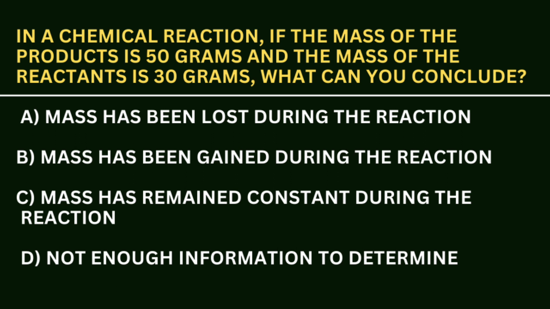In a chemical reaction, if the mass of product is 50 grams and mass of reactant is 30 grams, what can you conclude? Option C, mass has remained constant during the reaction.